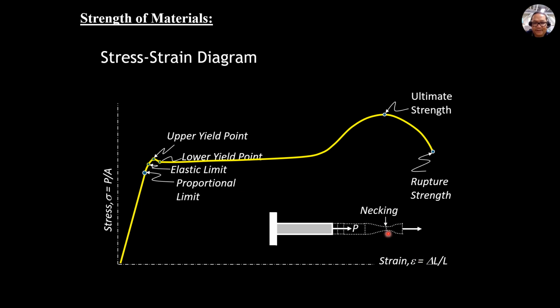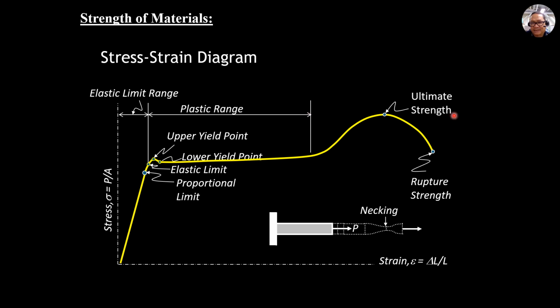So we have the material before this rupture strength undergoes this necking configuration, and beyond that it fails. So we have here the elastic limit range, that range there, and from this point down to here, somewhere here before the ultimate strength, we have the plastic range. So that's the plastic range, elastic limit range, then plastic range.